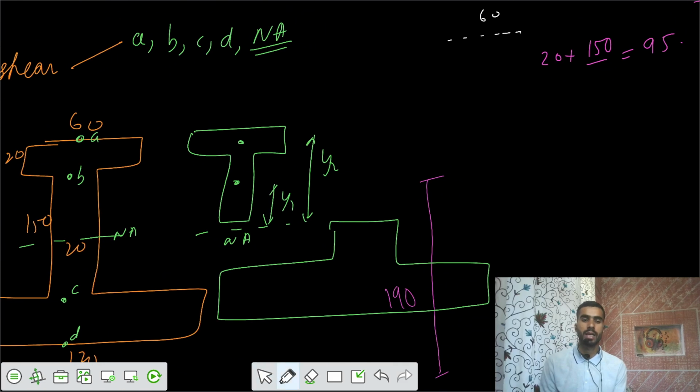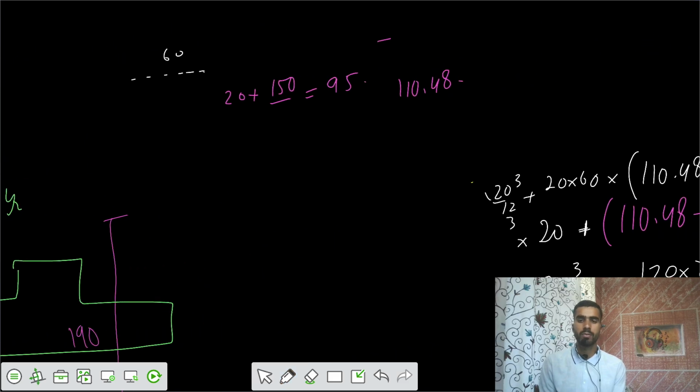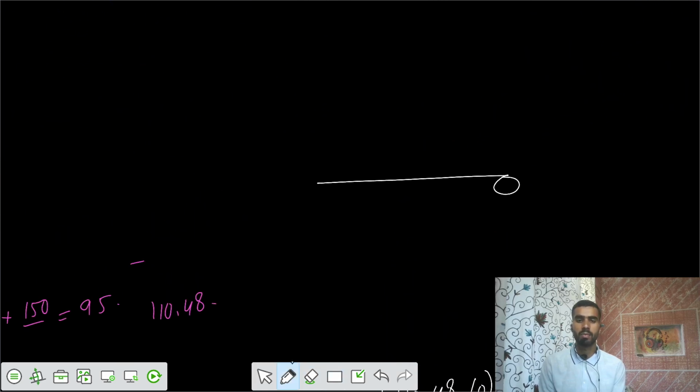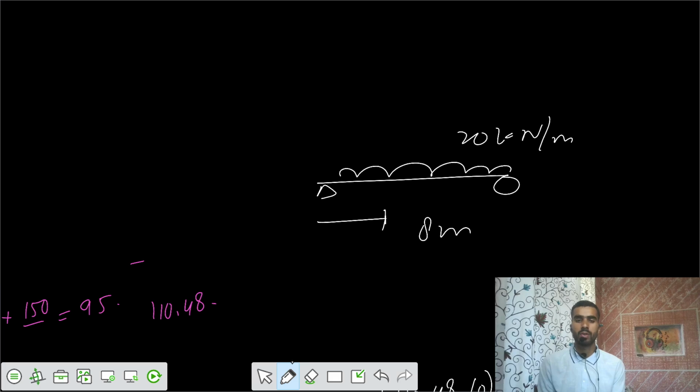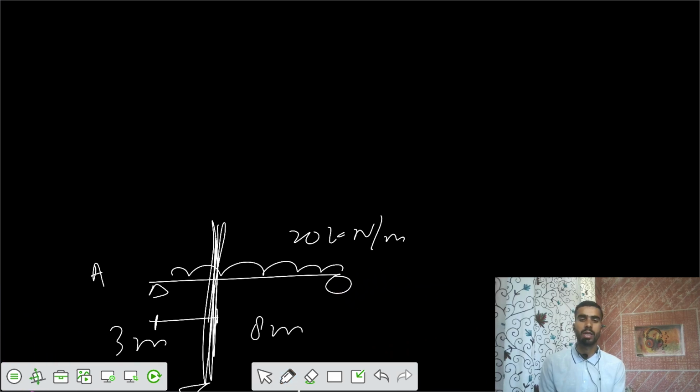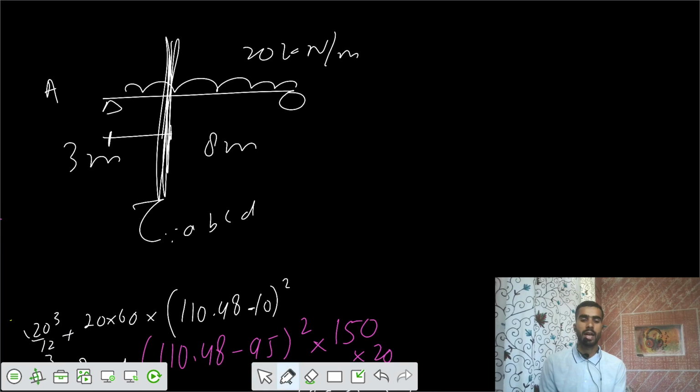So let's try that. Shear stress at the neutral axis equals the shear force times the first moment. What is the shear force value? We had a beam with 20 kilonewton per meter over 8 meter length, and you are asked to calculate the shear stresses at the different locations A, B, C, D, E at 3 meter from support A. So you need to solve for the reactions at the support.